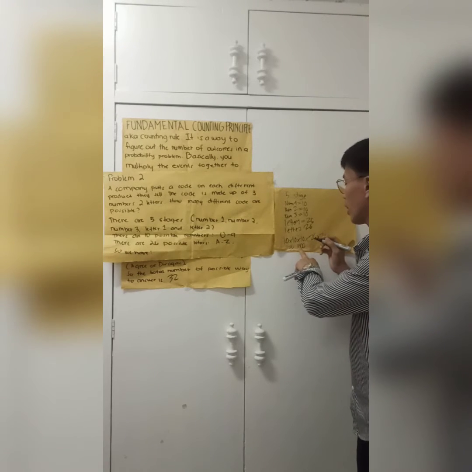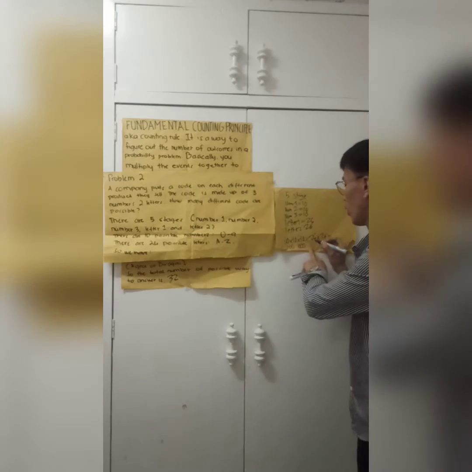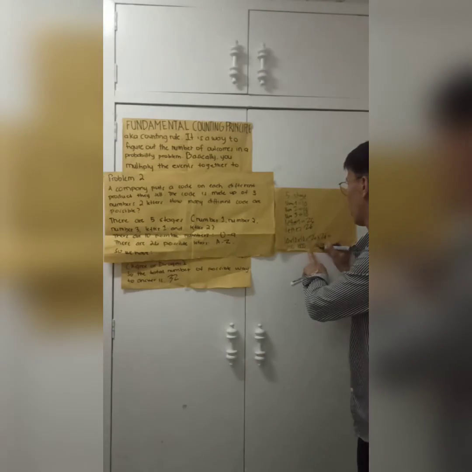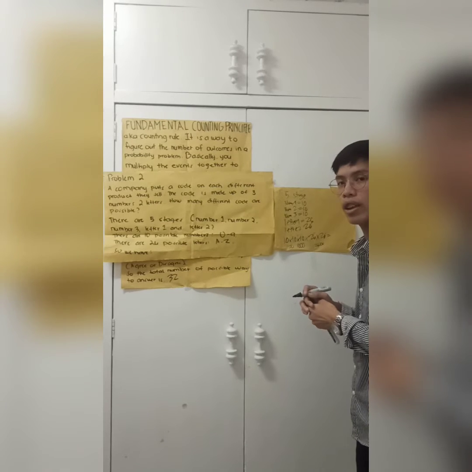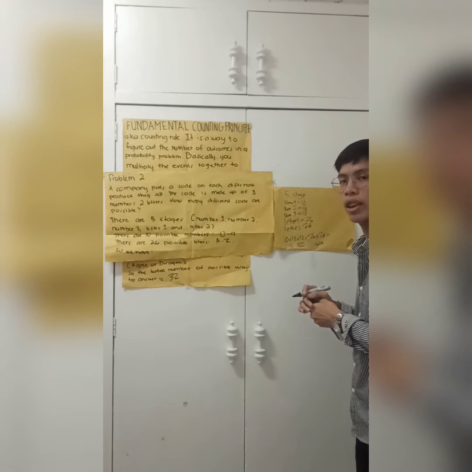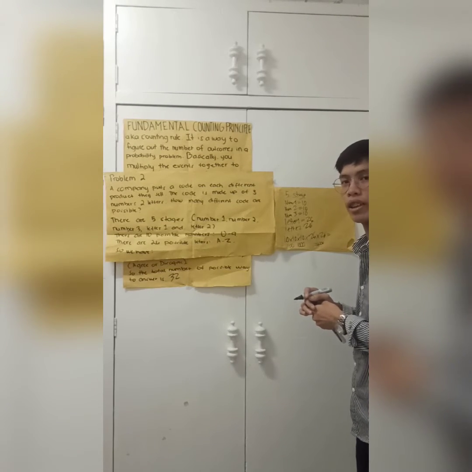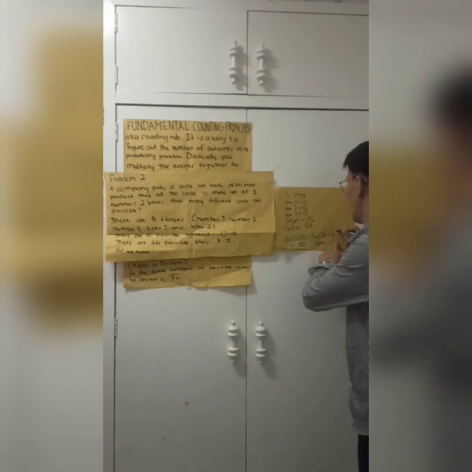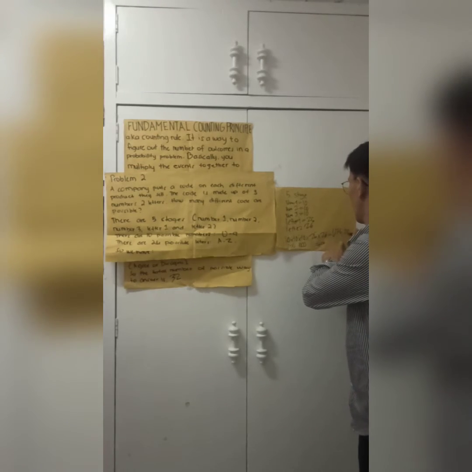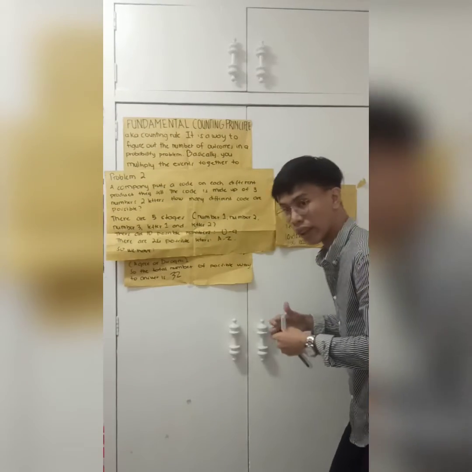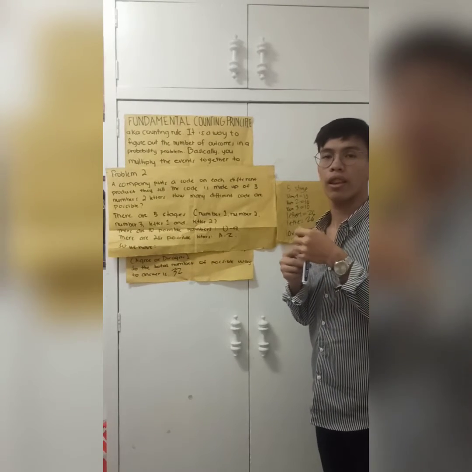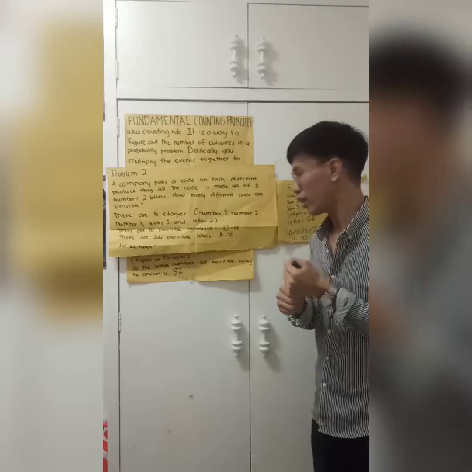Now, 1,000 times 26 is 26,000. 26,000 times 26 is 676,000. That is the total possible codes for the final answer.